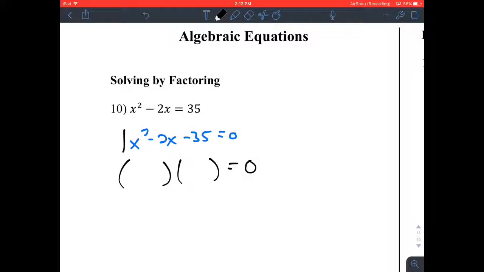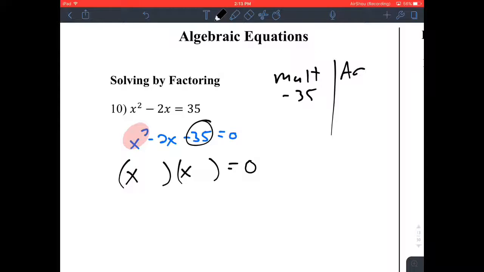The first term in each of your binomials is going to be the square root of the first term in your trinomial. Square root of x squared is x. The second term in each binomial is found using negative 35. I misspoke there.